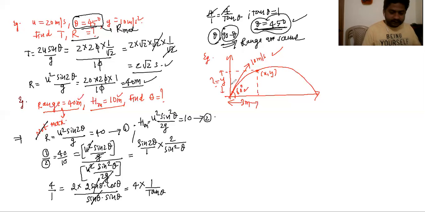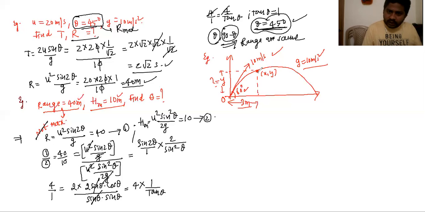Find its height above the point of projection, this is the point of projection, when it is at a horizontal distance of 3 meters. They have also given take g is equal to 10 meters per second square. It is so simple, my dear students.